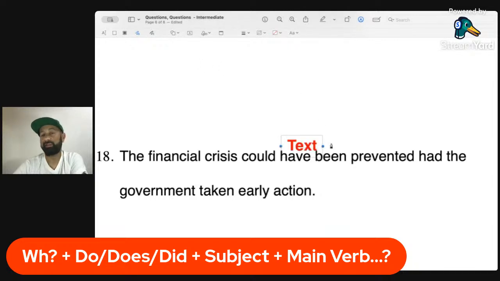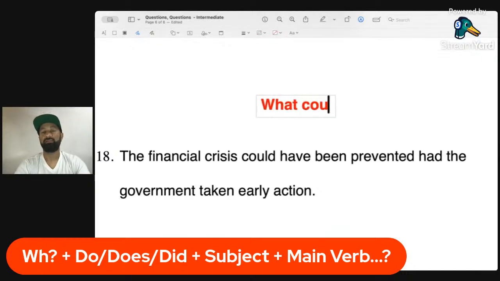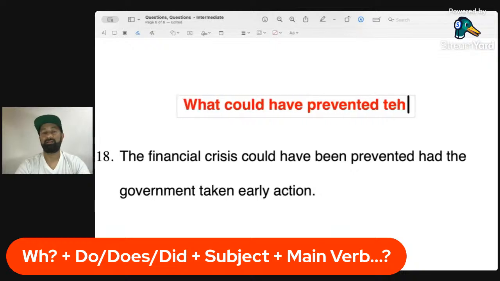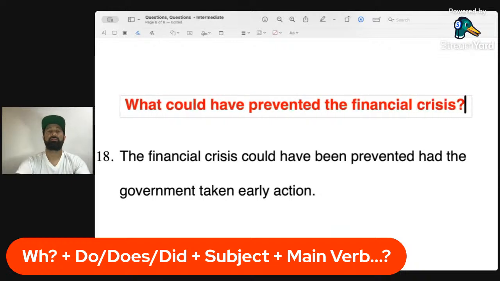For me, I'm just going to go straight with a WH question here. What could have prevented the financial crisis? What could have prevented the financial crisis?